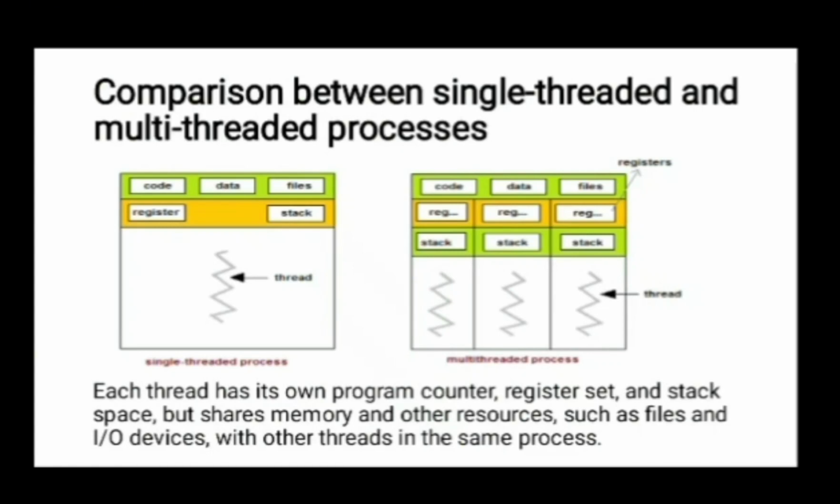So it can be different cores, but within the same processor. So you can see they all share the same memory and they share other resources, but each has its own stack. The registers and the counters are all different. So the beauty of multi-threading, it can perform multiple tasks at the same time compared to a single-threaded process.